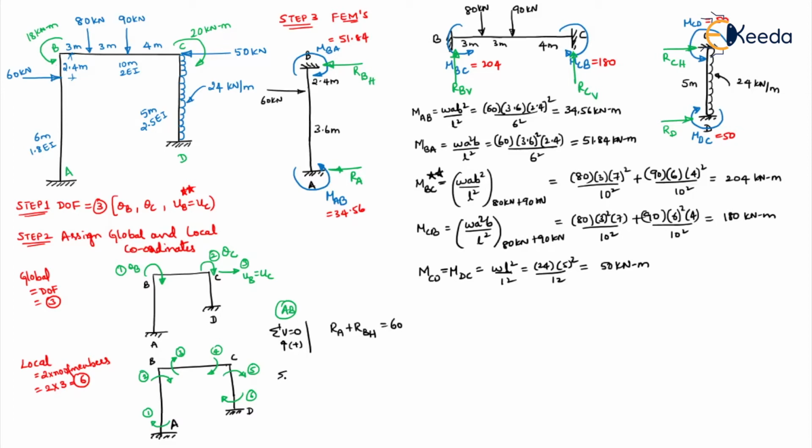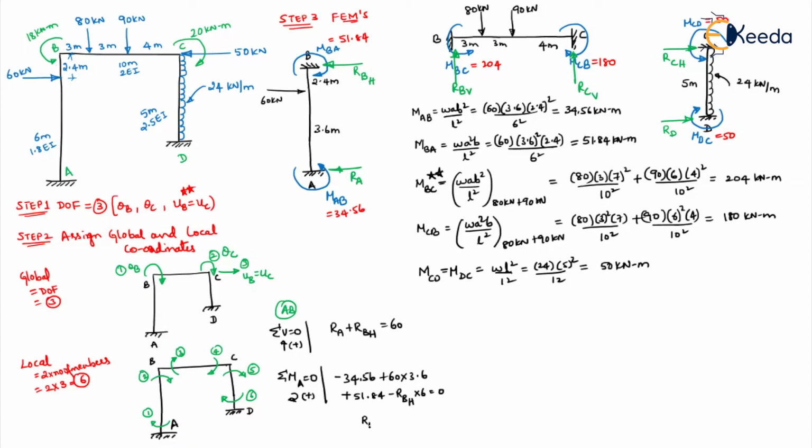will be equal to 60. Then coming to sum of moments about A, all clockwise forces positive. So what will happen here? See, this is anti-clockwise MAB, so minus 34.56. RA is passing through A, so no moment. Then plus 60 into 3.6, and then again plus 51.84 minus RBH into 6 equal to 0.